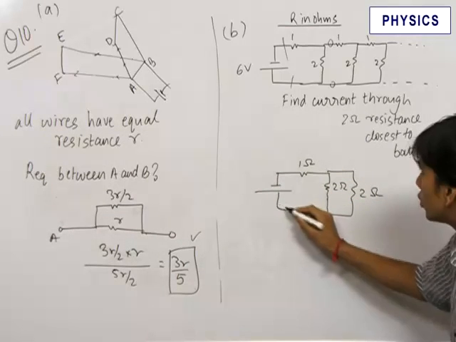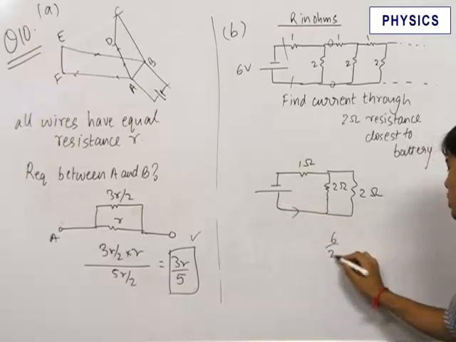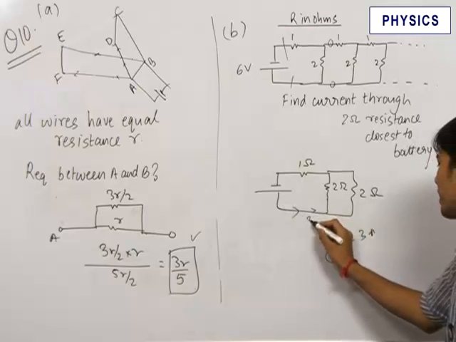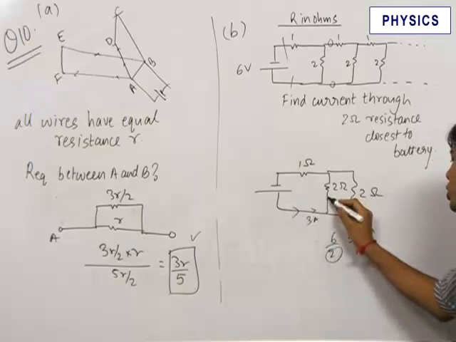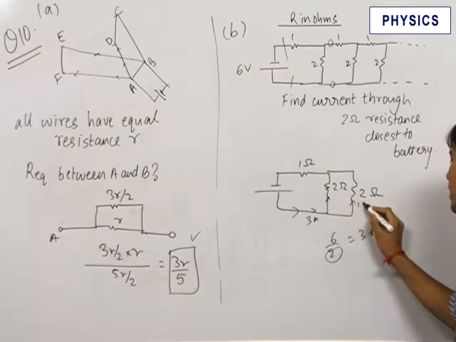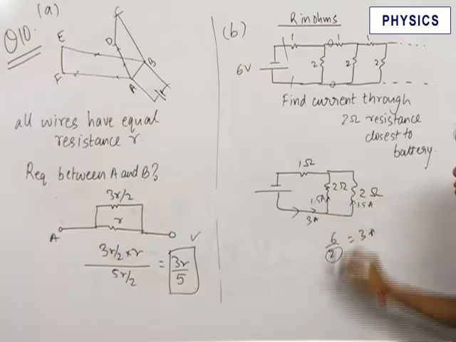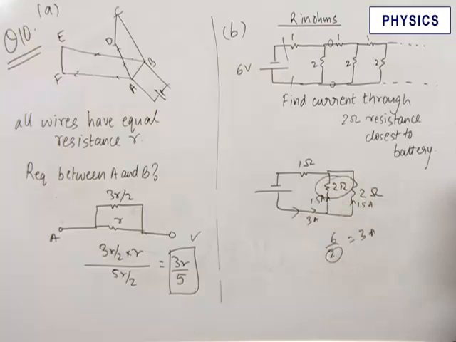Therefore the total current through this circuit will be equal to 6 upon 2, where 2 is the R equivalent. This is equal to 3 ampere. Therefore 3 ampere current is coming from here. It will distribute equally in these two channels because these two resistances are same, 1.5 ampere each. Therefore the current through this 2 ohm resistor will be equal to 3 by 2 amperes.